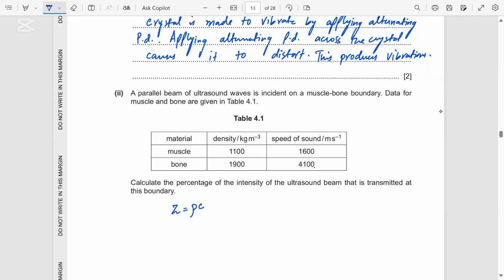At the top, you can see right here, Z for muscle is going to be rho C, where rho is the density and C is the speed of sound, which is the ultrasound here. And we have here 1100 times 1600, which is equivalent to 1.76 into 10 to the power 6 for the muscle.